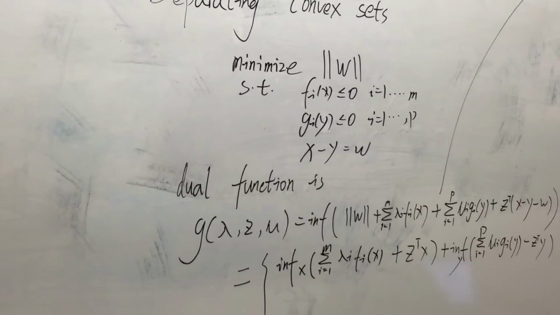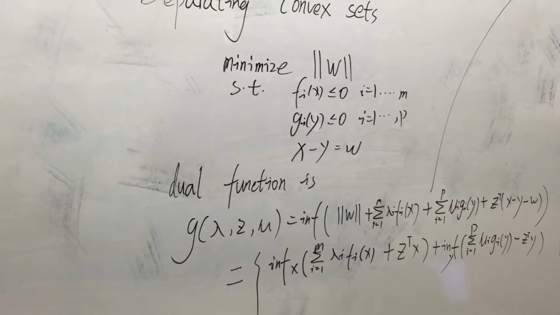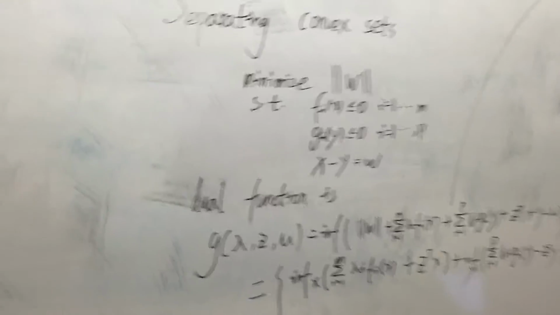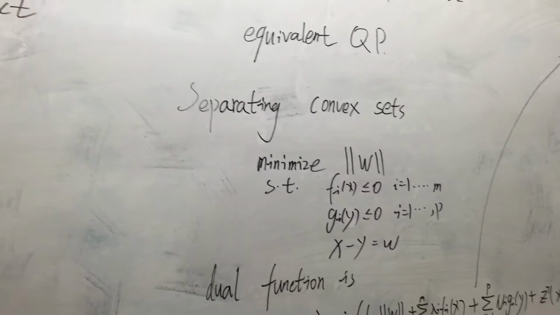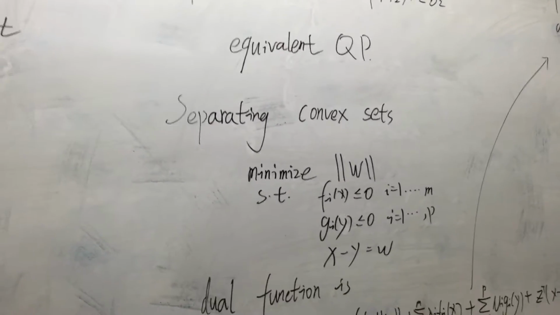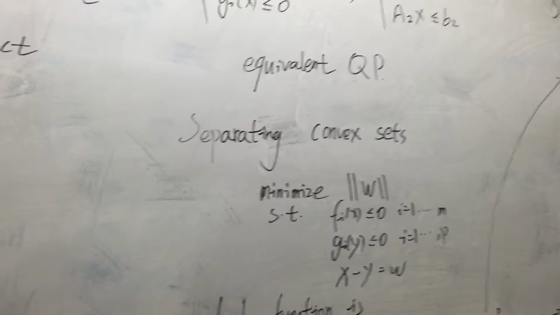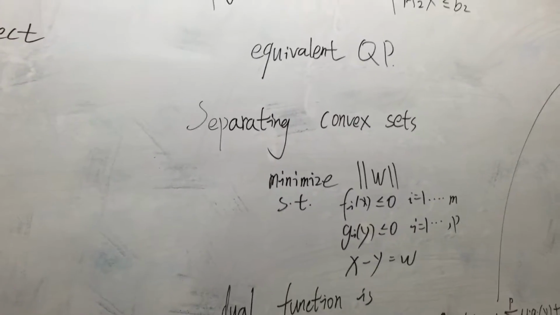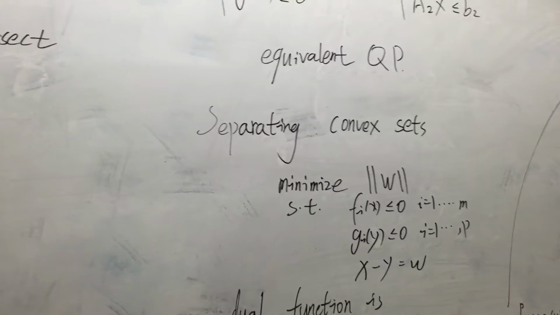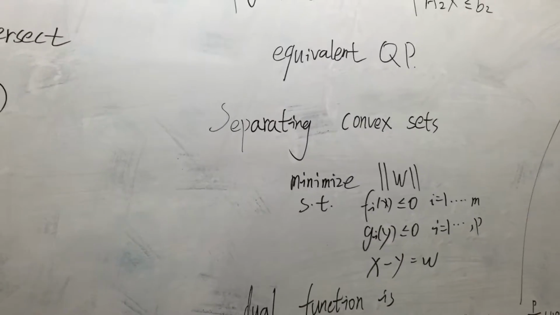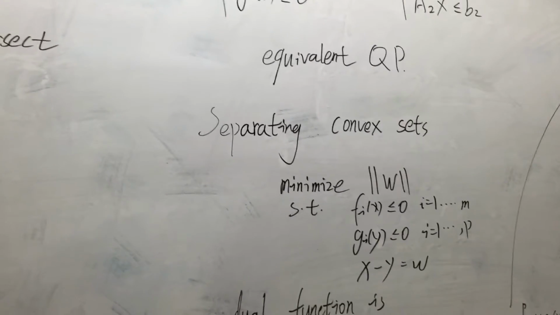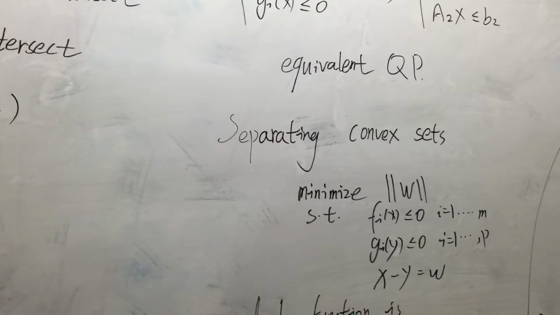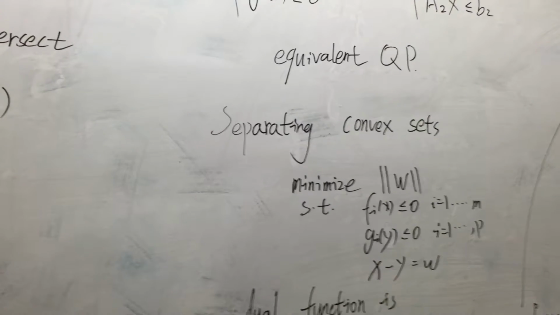We can interpret the geometry as follows. If lambda and mu are dual feasible with a positive objective value, then the form is greater than 0 for all x and y. In particular, for x belongs to C and y belongs to D, we have z transpose x minus z transpose y is greater than 0.